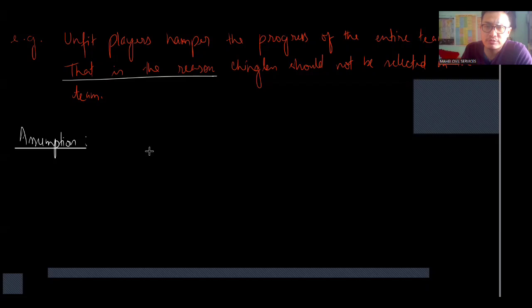What is an assumption? An assumption is a statement which can either be true or false. This is the important point.